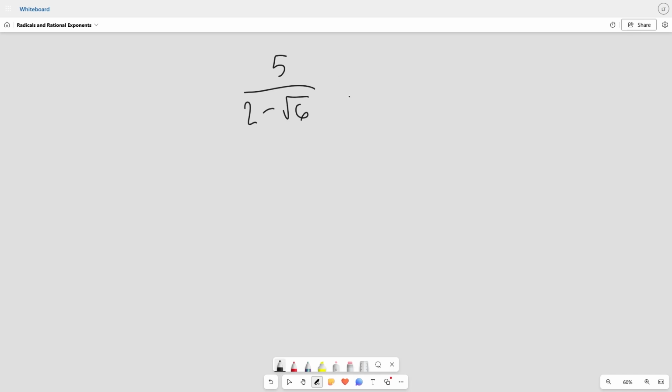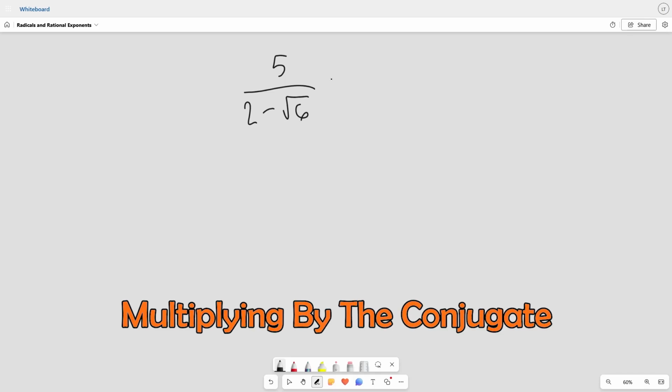This is where you do something called multiplying by the conjugate. The conjugate is basically you have this beginning number, and then you flip the sign for the radical expression. So again, we're just multiplying by 1, but we have 2 plus square root of 6, the conjugate, over the conjugate.